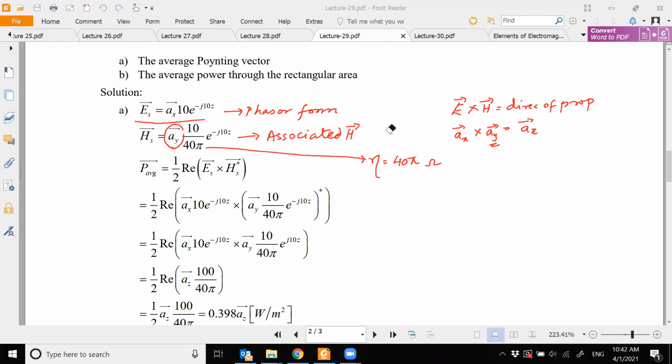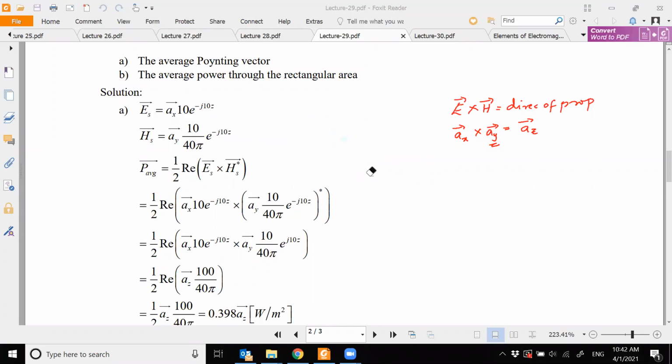Now, once I have the electric field and the magnetic field expressions in the phasor form, I will first find the average Poynting vector. The average Poynting vector is given by half the real part of ES cross HS conjugate. So I'm putting the E here, and the H here, and finding the conjugate.